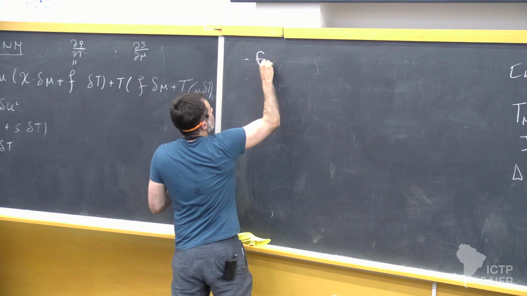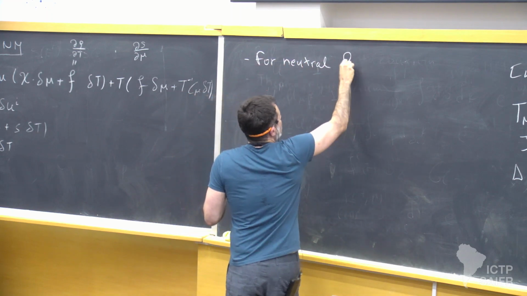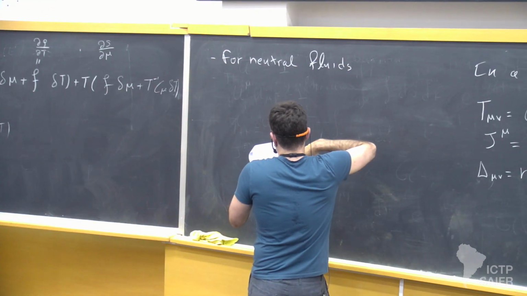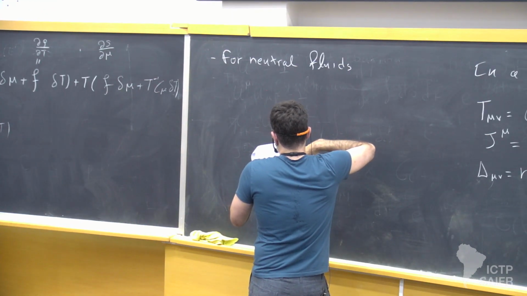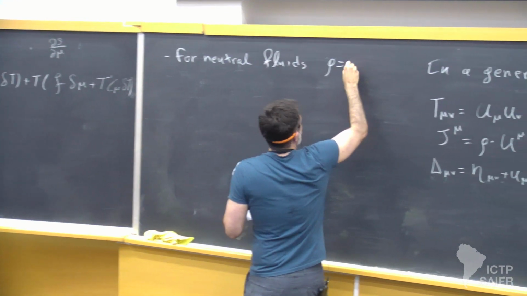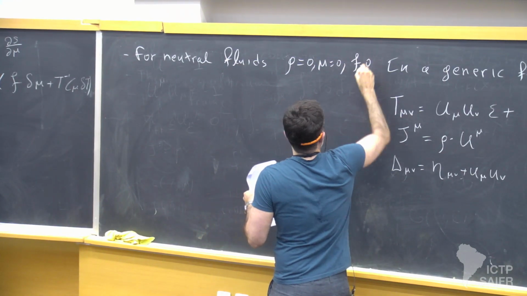So for neutral fluids, I have rho equals 0, nu equals 0, and psi equals 0.